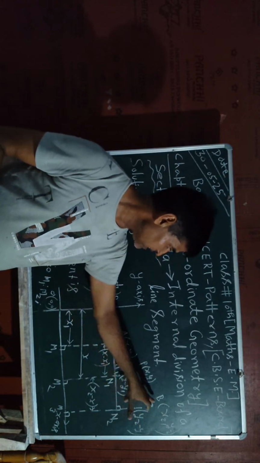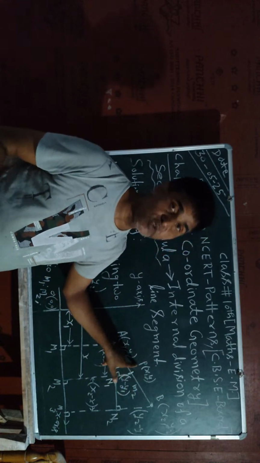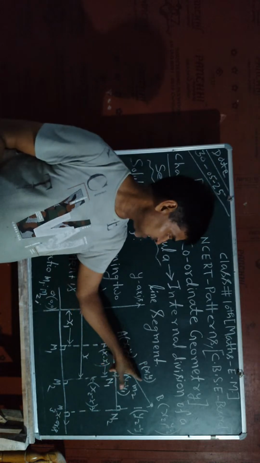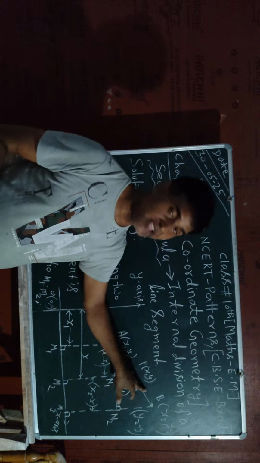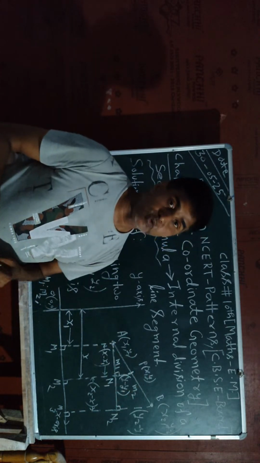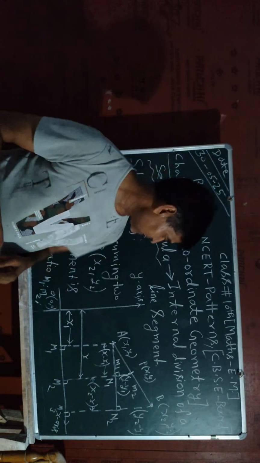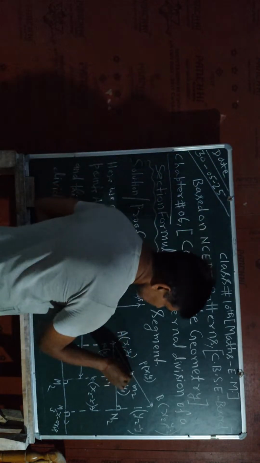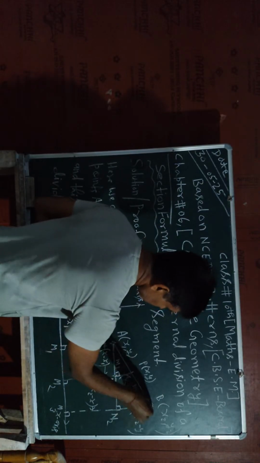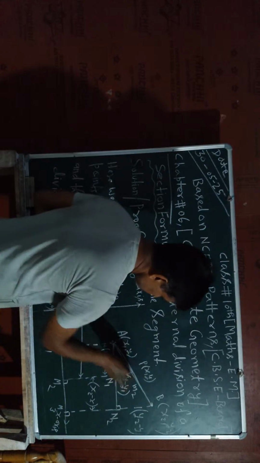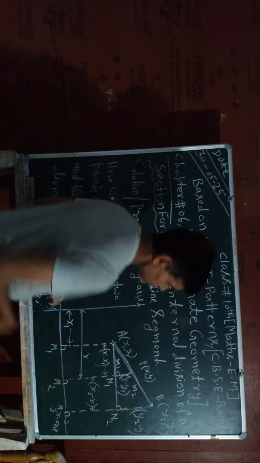Now this is the line segment. This line segment is divided by a point whose coordinates are x comma y, and this length is m1, and I have also assumed this length will be m2. Now according to the similarity of triangles, I am looking at this triangle and this triangle, both are similar.